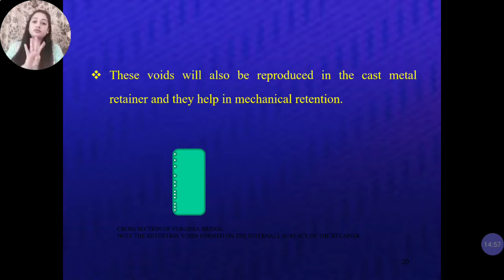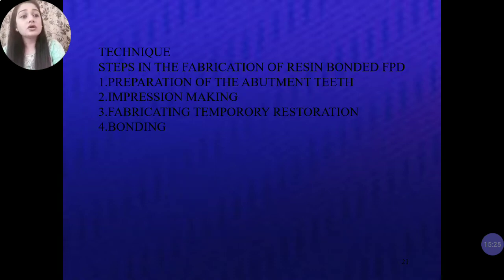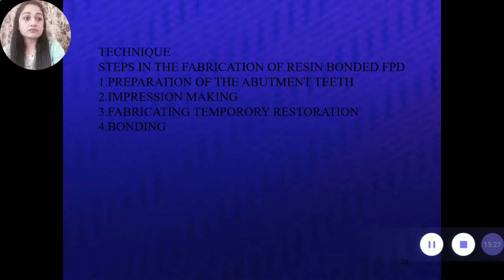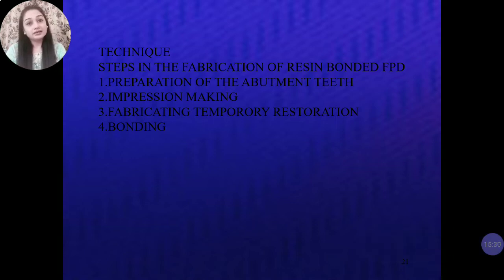So we saw the 4 types of resin bonded fixed partial dentures. The first one was Rochette bridge, which had funnel shaped perforations in the retainers. We saw Maryland bridge, in which there were no perforations in the retainer, but the intaglio surface was treated by acid etching. The third type which we saw was cast mesh resin bonded fixed partial dentures.